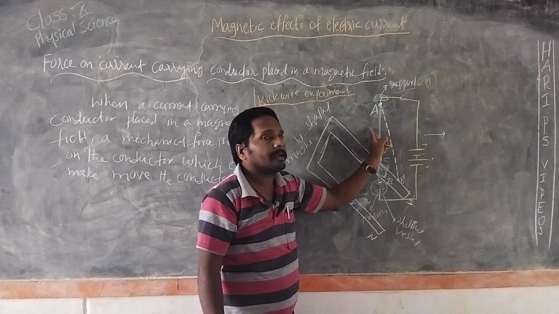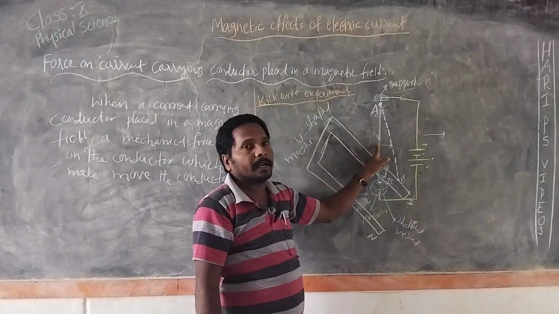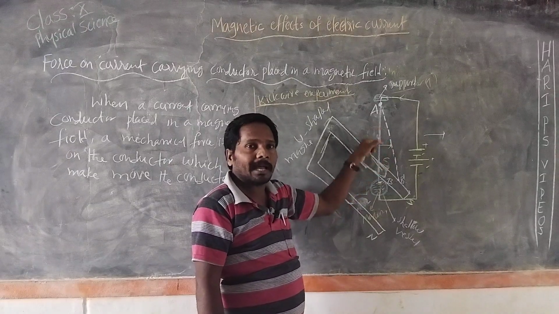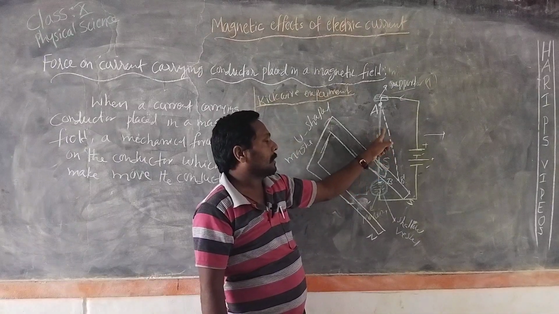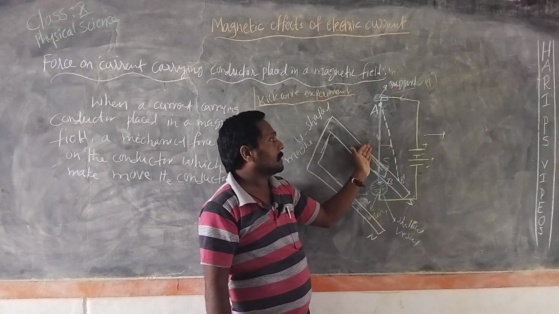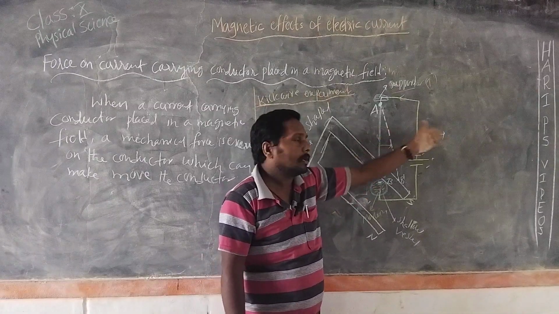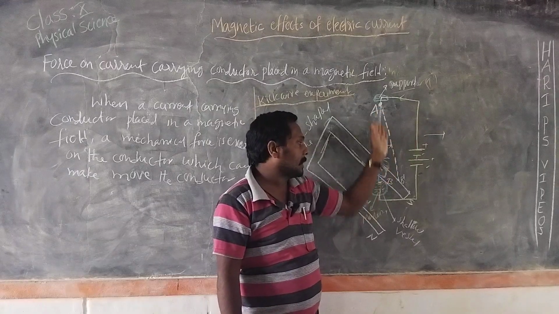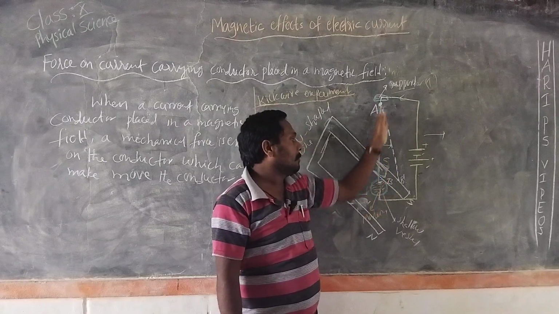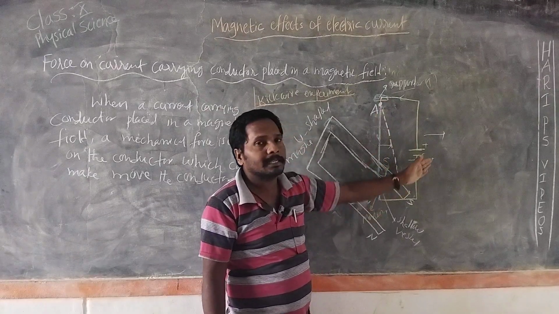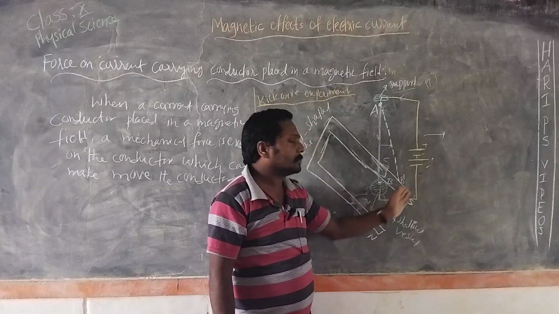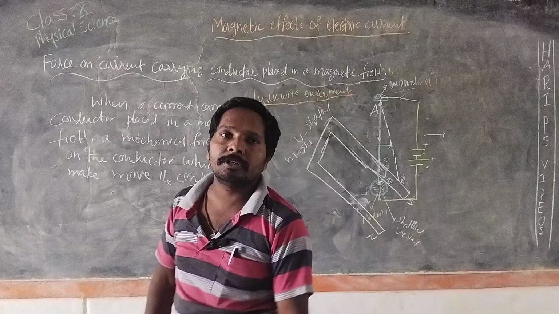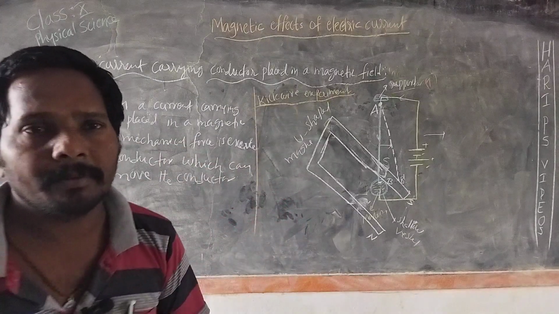The direction of current is vertically down, and the magnetic field direction is left to right, clockwise. Then in which direction does it act? East direction. So that's why the current carrying wire moves from AB position to AB dash position. It moves towards the south pole of the U-shaped magnet.